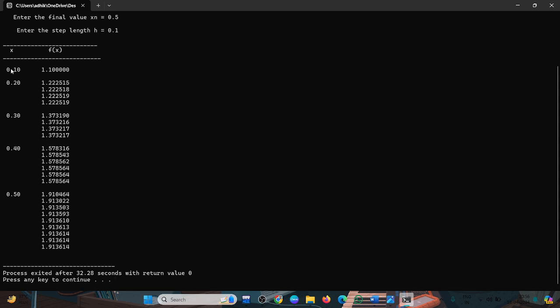And so this is x and the corresponding f x. This is the initial x0, and the corresponding y0, and this point x1 is the improved, modified value. This is the predictor and the corrector, and ultimately at 0.2 the value is 1.222519, and the corresponding x2, 0.3, the final value is 1.373217.